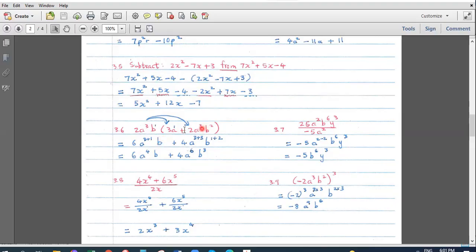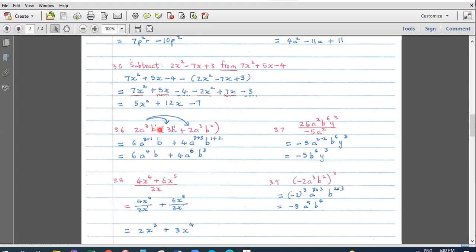And multiplying the second term, 2 times 2 is 4. a cubed times a cubed, you add the exponents of the like bases, that gives you a to the 6. And b to the 1 and b squared is b to the 1 plus 2. Remember, boys and girls, sometimes you will not have a 1 here.